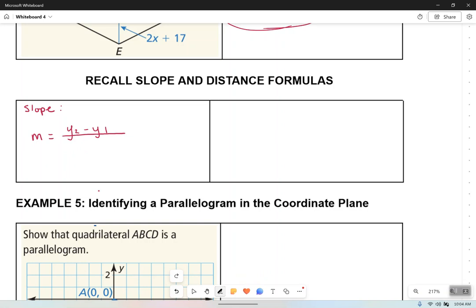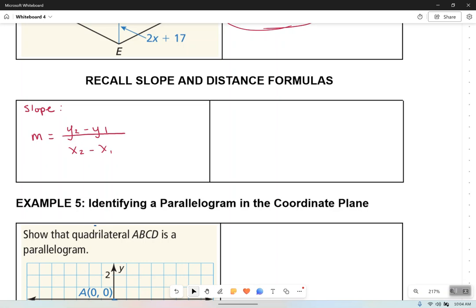Should be x2 down there minus x1. Okay. Slope is going to be y2 minus y1 over x2 minus x1 here, kids. It's basically 2 points. Plug in your second y value minus your first y value over the second x value minus the first x value. We need to recall that.